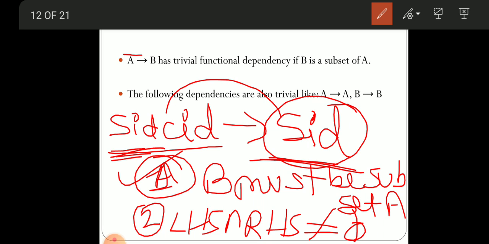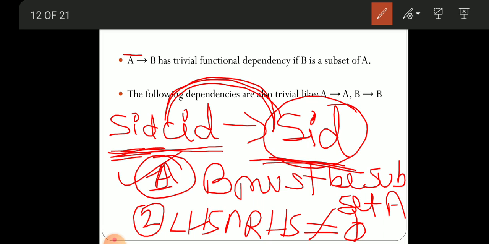Now the second condition, let's check. On the left hand side we have two attributes, SID and CID, and on the right hand side we have only SID. So the common attribute, we have one attribute SID, which is common on both sides, right? So okay, LHS intersection RHS is not equal to phi, meaning there is one common attribute.